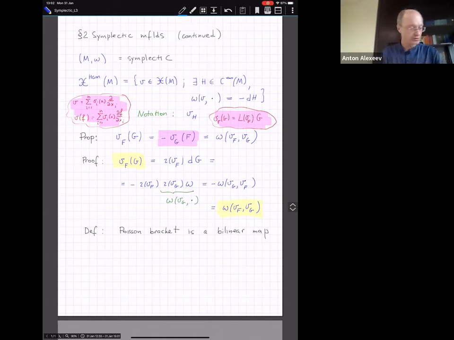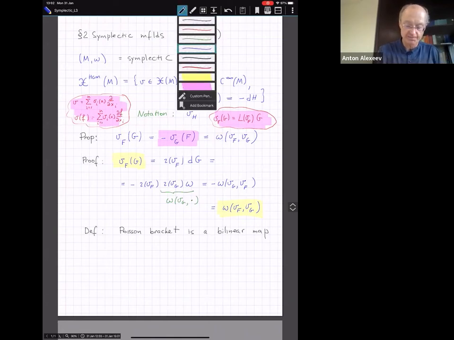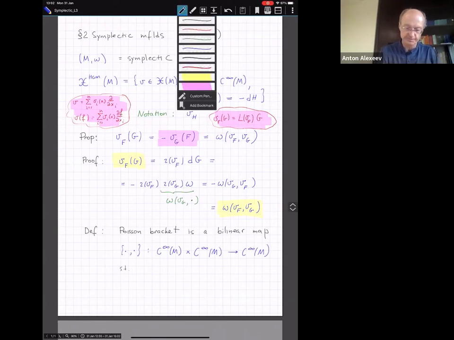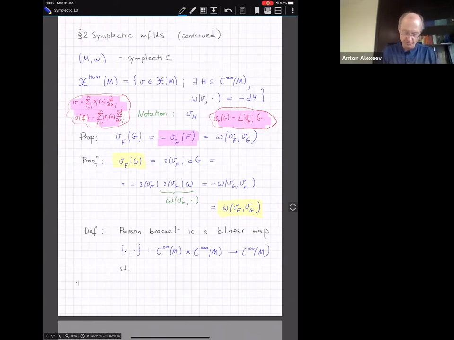All right. So the Poisson bracket is a bilinear map from C infinity of M times C infinity of M to C infinity of M, which satisfies the following properties. So first, it is a Lie bracket.